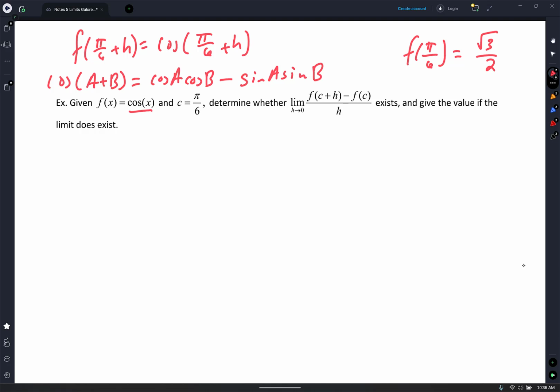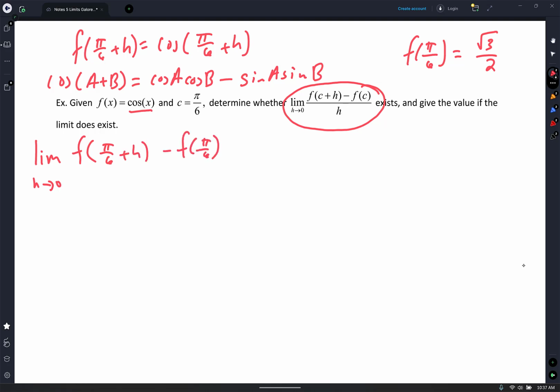So here we go. I'm gonna write limit as h approaches 0, and I'm just doing this right here. F of, I guess I'll write everything because you guys probably want to see everything, right? Pi over 6 plus h minus f of pi over 6 all over h. So I'm going to expand it.